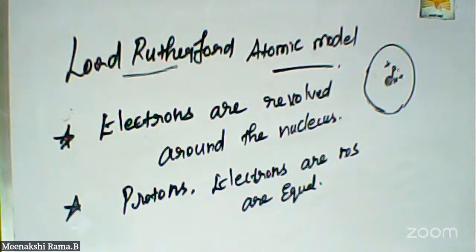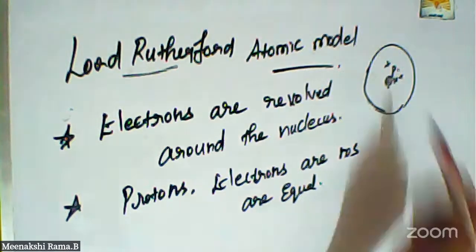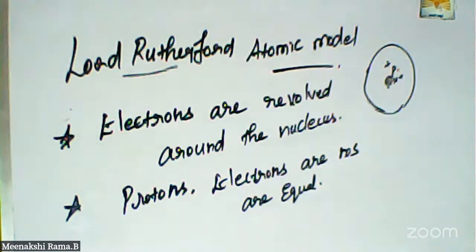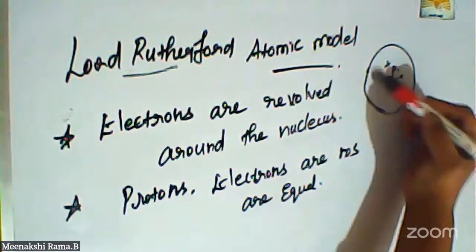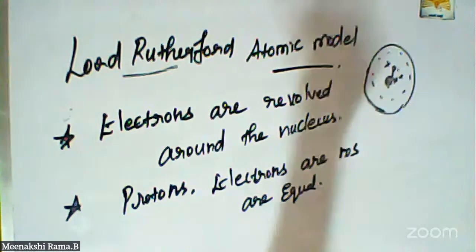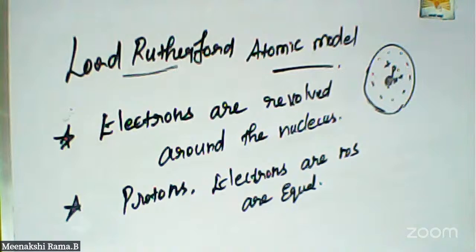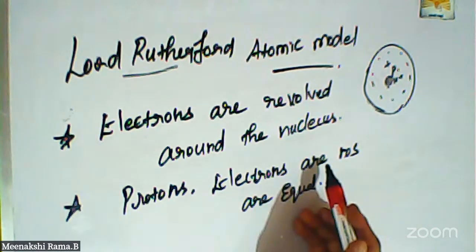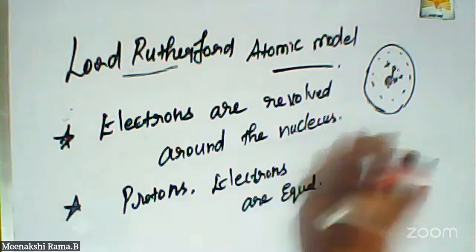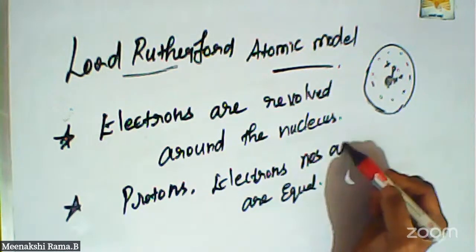So the first one: the atom contains a large empty space, and the positively charged mass at the center of the atom is known as the nucleus. The size of the nucleus is very small compared to the atom size. The electrons revolve around the nucleus, and the atom is electrically neutral because the numbers of protons and electrons are equal.